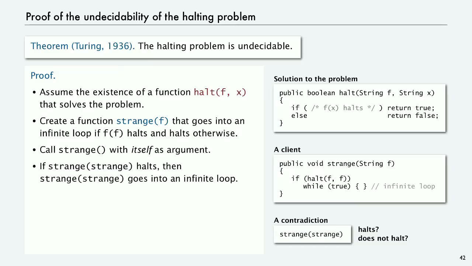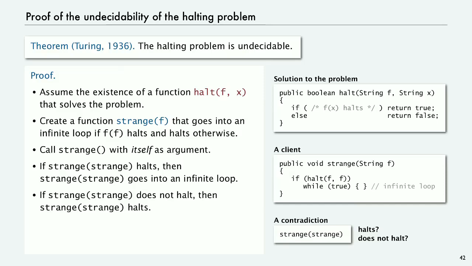If strange of strange halts, then if you look at the code for strange of strange, it goes into an infinite loop. Strange of strange halts, it goes into an infinite loop. That's the definition of strange. If it doesn't halt, on the other hand, then it halts. Again, that's the definition of strange.